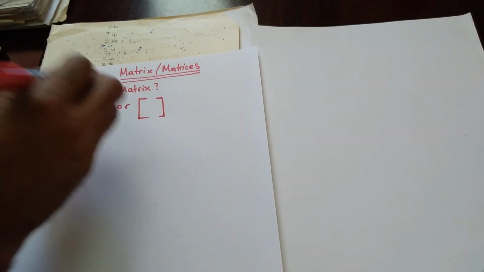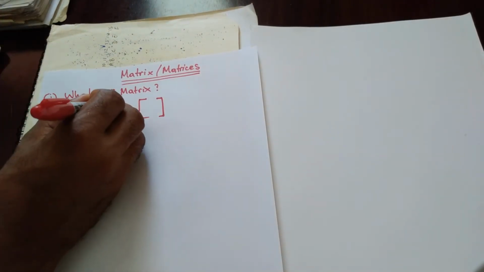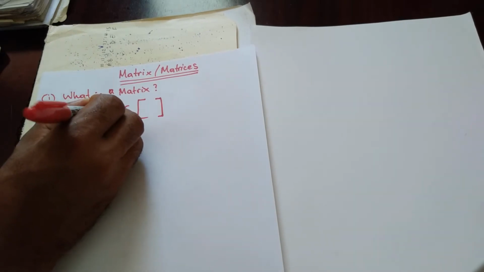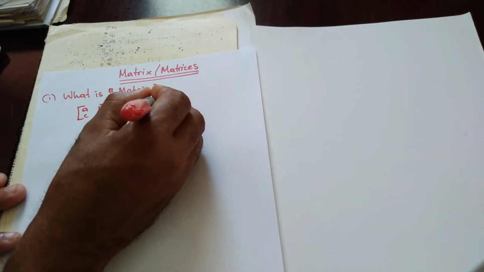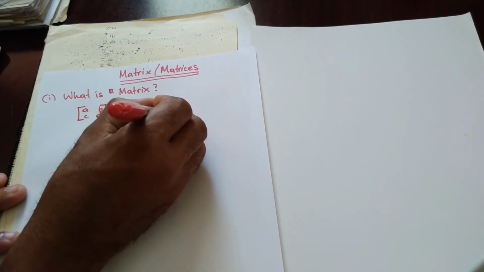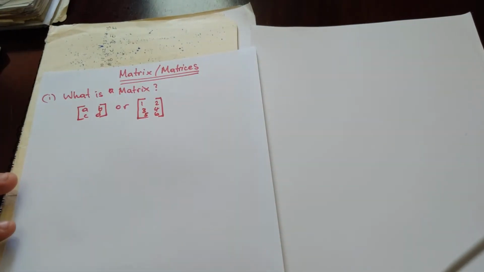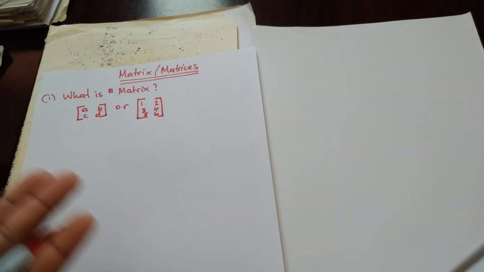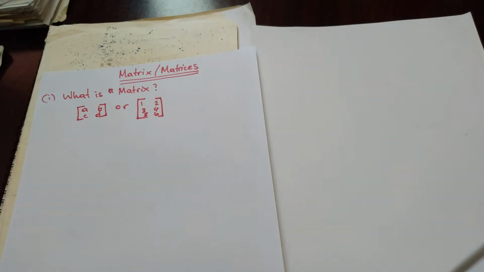So this is a matrix: A, B, C, D, or we could have 1, 2, 3, 4, 5, 6. So these are two examples of matrix. All right. What I'm going to do is read through the CXC math syllabus and go through the pointers one by one. So this basically explains what a matrix is.